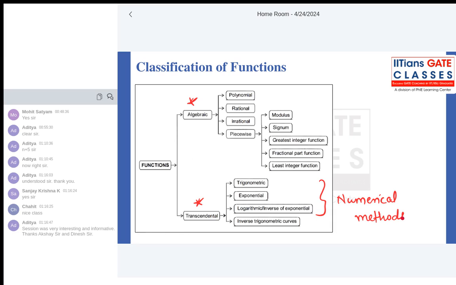Whereas polynomials, as you may know, x square plus 2x plus 1 is a second degree polynomial, like that. And there are certain classes of functions, and one of them is very important, which is modulus. Typically it is represented with a straight bracket, and there are many questions in the GATE exam or many other competitive exams typically with these modulus functions only.